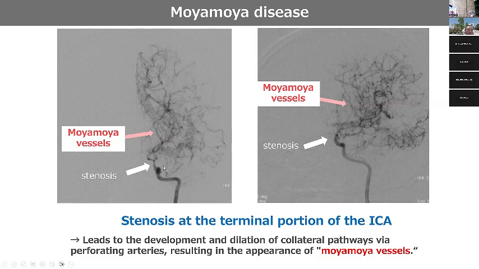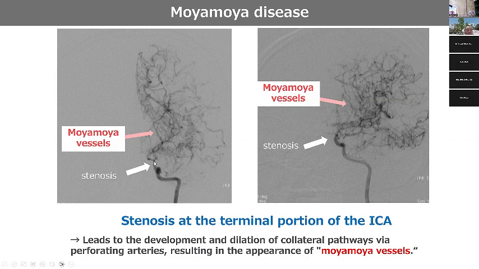The main pathology of this disease is the stenosis of the terminal portion of the internal carotid artery, and this stenosis gives rise to occlusion of the MCA and ICA, so instead, a collateral pathway via the perforating arteries develops. These perforating arteries may become dilated, so we can find these characteristic findings.